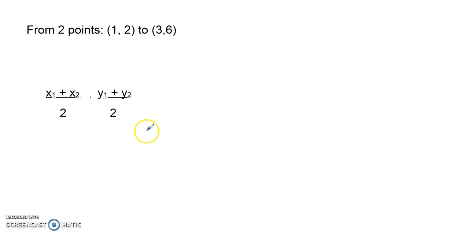Alright, now if we do this from 2 points, understand this is x1, this is x2. And then we have the other one, which is y1, and this is y2. So all we're doing is filling in the equation. So we have 1 plus 3 over 2.